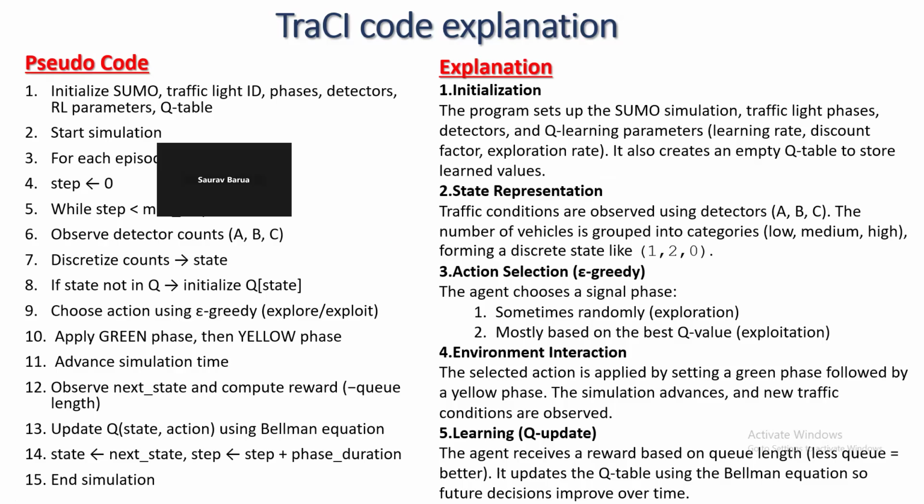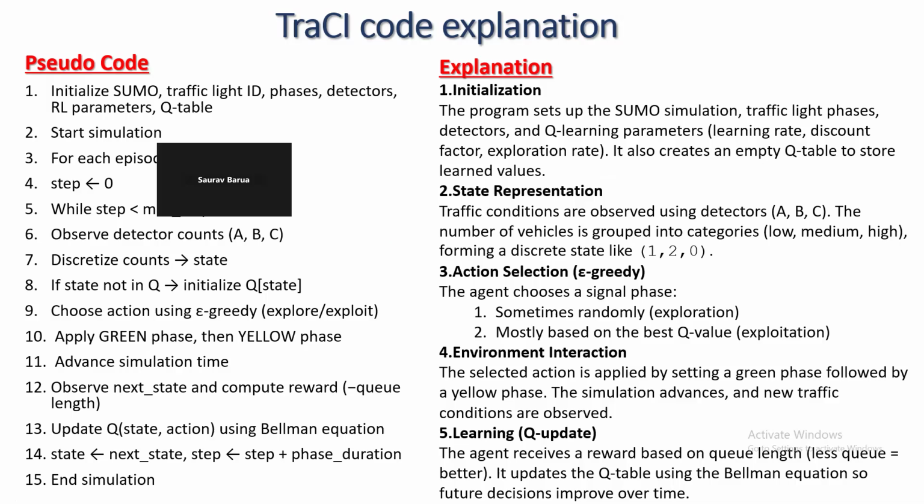Within Q-learning parameters, we have learning rate, discount factor, and exploration rate, and create the empty Q table first. Then state representation: my state is represented by three sets of detectors A, B, C, and the number of vehicles is grouped into three categories, low, medium, and high, forming separate discrete states, that is 1, 2, and 0.